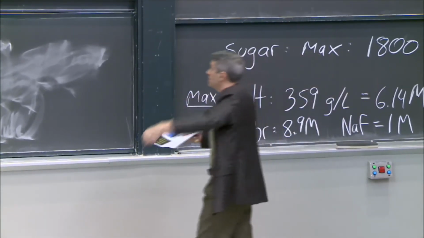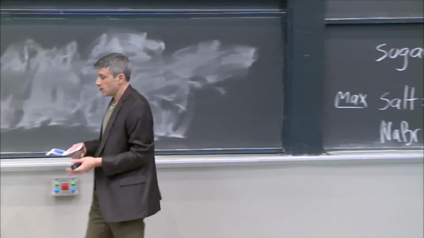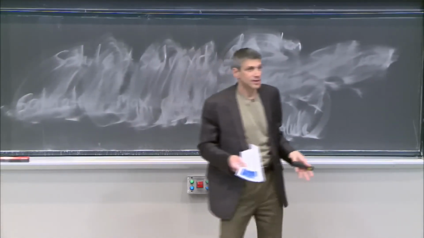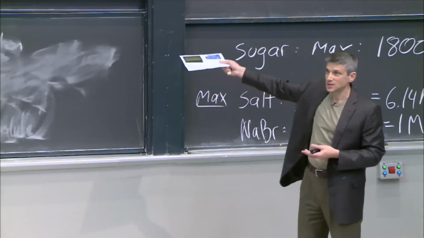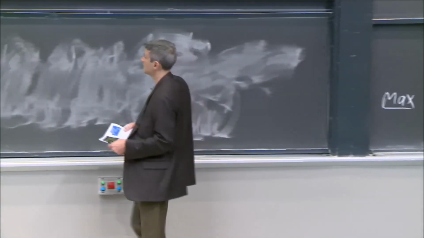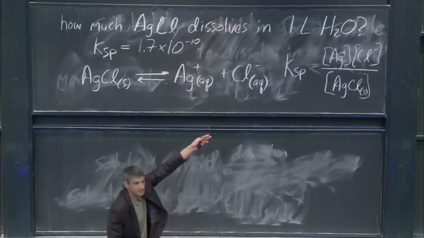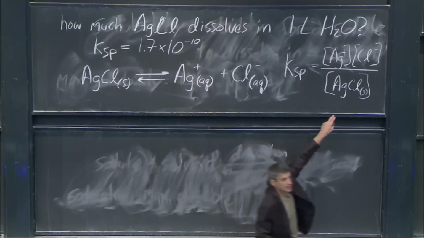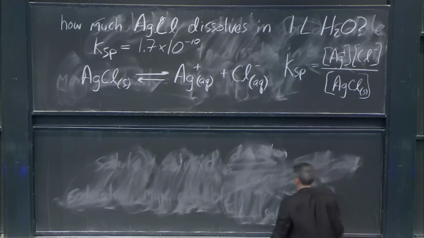So this is the concentration of silver chloride in the solid. That's just a constant. That's not going to change. Common misunderstanding: it doesn't change. So we get rid of it because it gets folded into the constant. The concentration of this is always the same, and so we get rid of it.